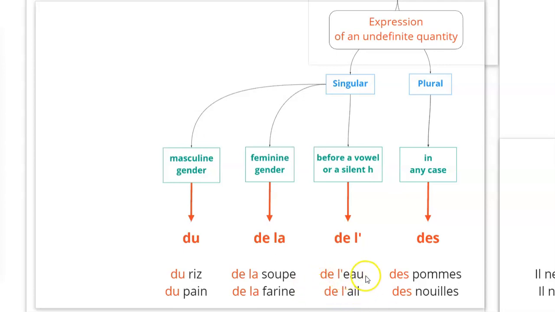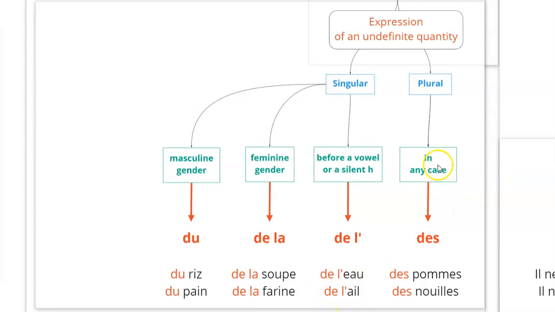So de l'eau, eau is feminine gender. De l'ail, ail is garlic. Ail is a masculine gender, but it will have the same form in front, de, and then l apostrophe, de l'ail. Water, garlic, or some water, some garlic.